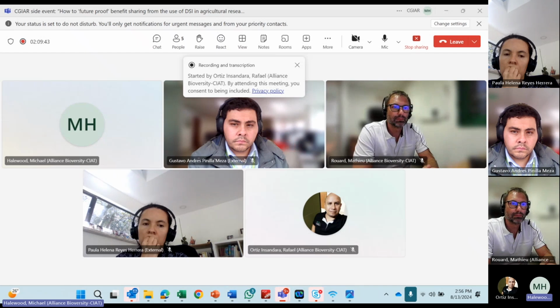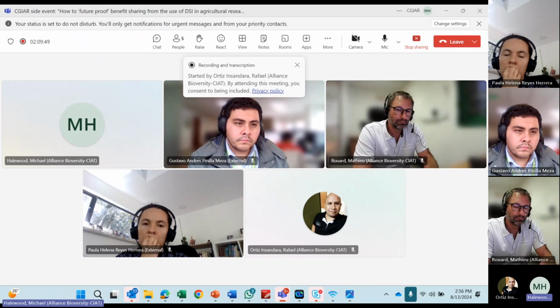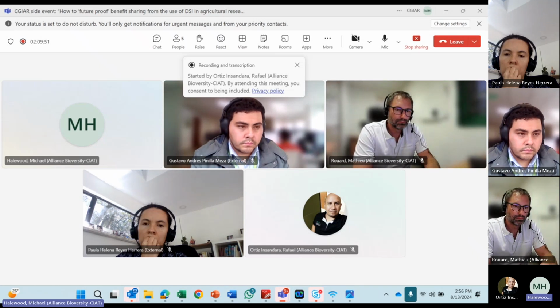So there's a lot of that, trying to build complementarity between the two systems of conservation going on, and also building partnerships between communities and plant researchers.